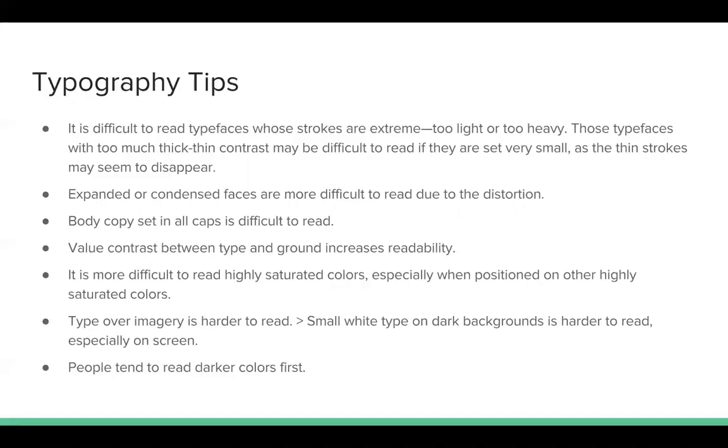Stick with some of the classics: Helvetica, Gill Sans, Futura. Those are well-known classic fonts that are very well drawn. There's a reason why designers tend to gravitate towards them. So try to use them and understand how they are best used.